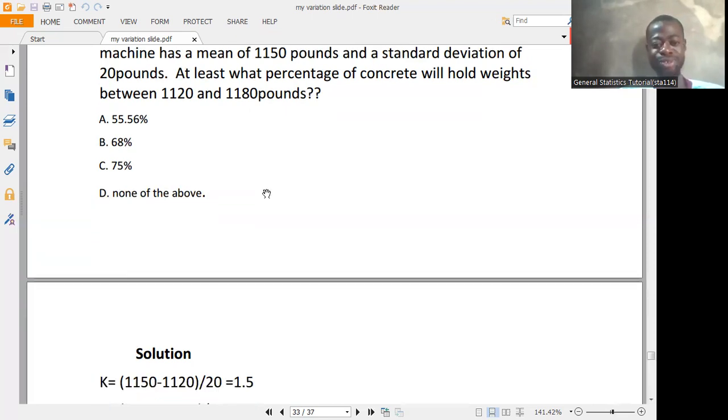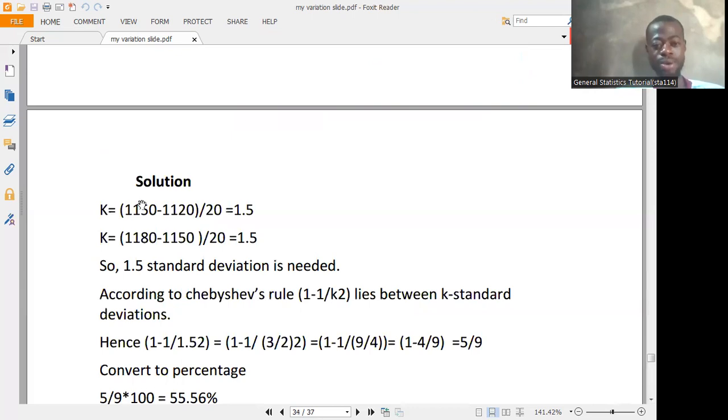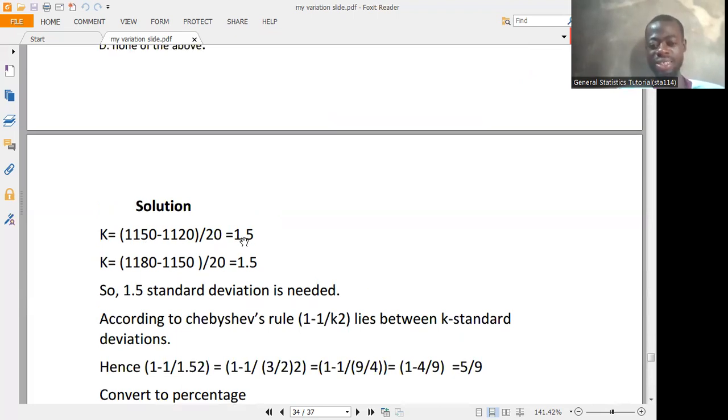See how I do my calculation. This is the mean that was given, and this is the value I have. I subtract and get 1.5, and on the other side I also get 1.5. Find the difference between the mean and the range you are given, then divide by the standard deviation. This tells me that all I need here is 1.5 standard deviations.